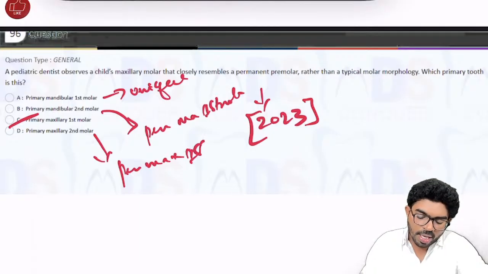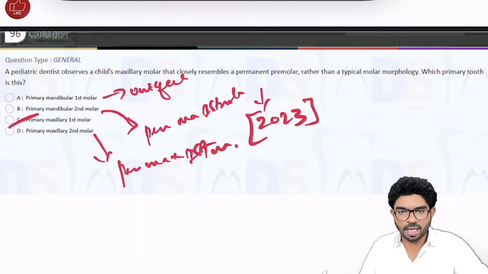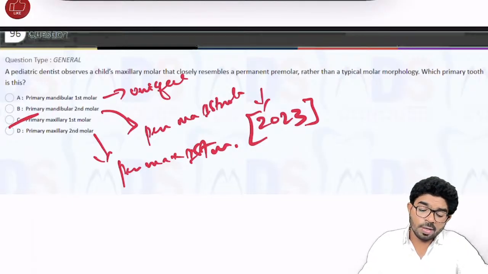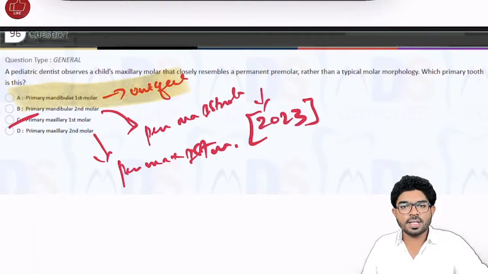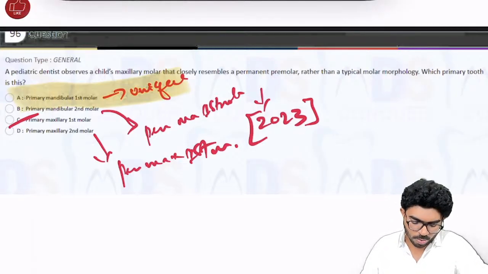That is the reason both of them have the cusp of Carabelli, seen in the permanent maxillary first molar and primary maxillary second molar, because they look similar. The only tooth which looks very unique is the primary mandibular first molar. Now the question asks which resembles a premolar. Only one does, the primary mandibular first molar. The answer is option C.